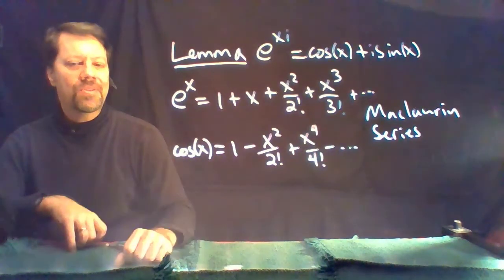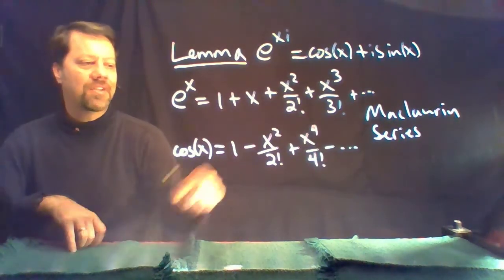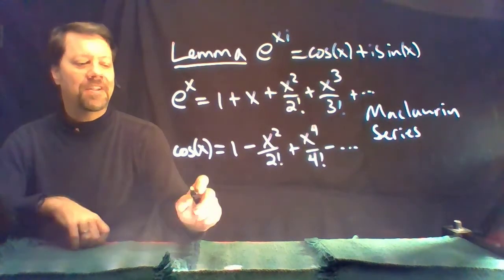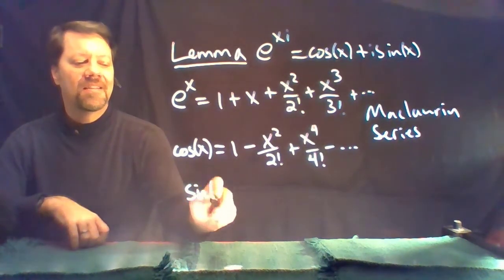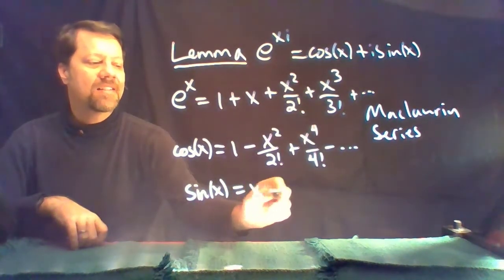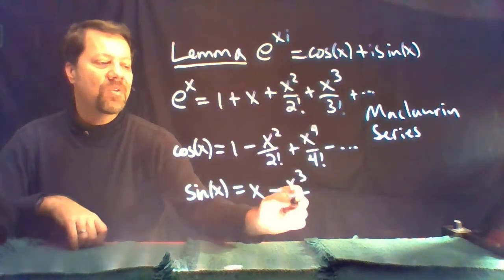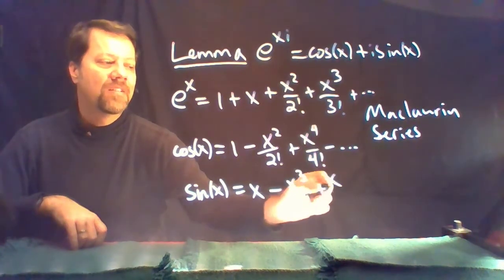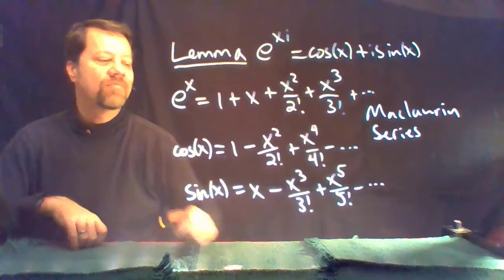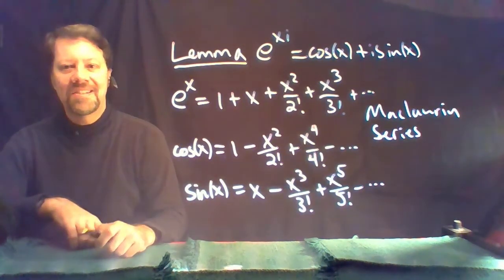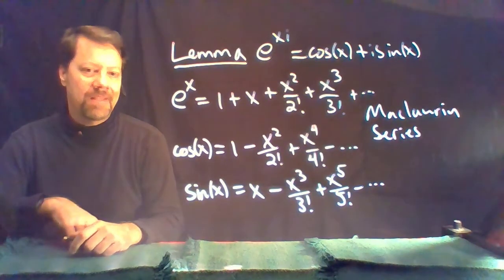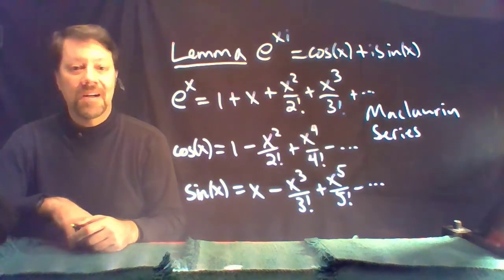Notice that cosine is an even function and all of the powers here are even. Go figure. And sine of x is x minus x cubed over 3 factorial plus x to the 5th over 5 factorial minus and so on. Also, sine is odd, and all of the exponents in the Maclaurin series for sine are odd.